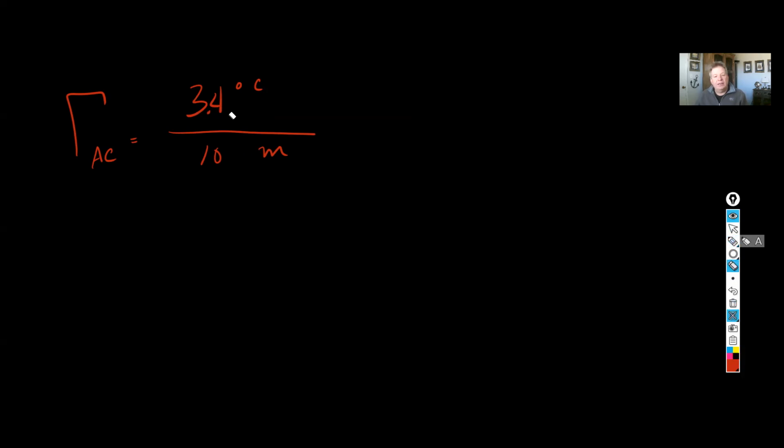It's actually 0.34 degrees per 10 meters. But wait, it's actually 0.034 degrees per 1 meter. I need to do it per centimeter. So what I'm saying is this is actually going to be 0.00034 degrees Celsius per 1 centimeter.